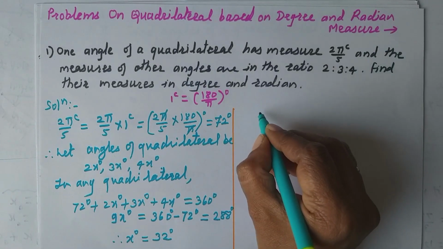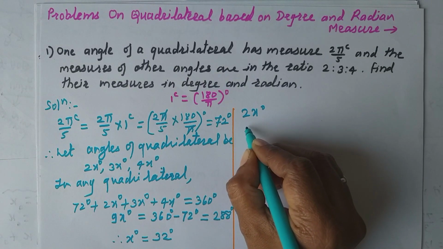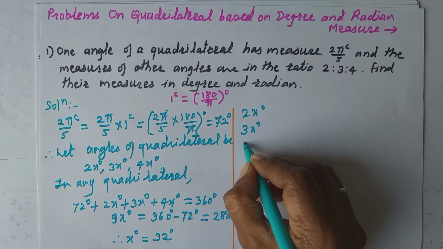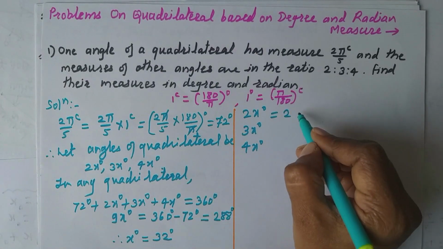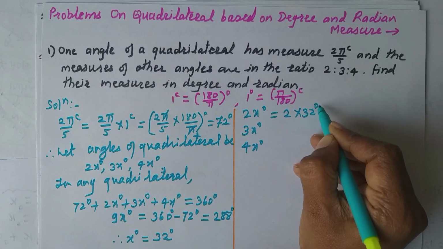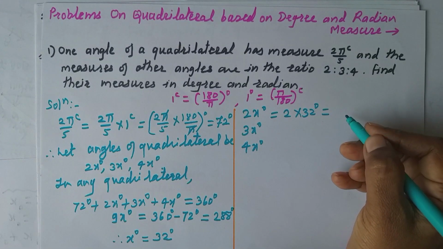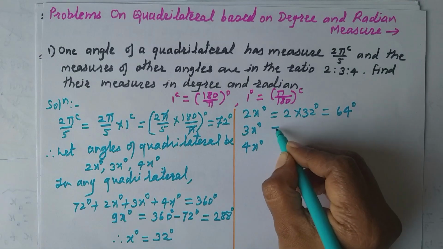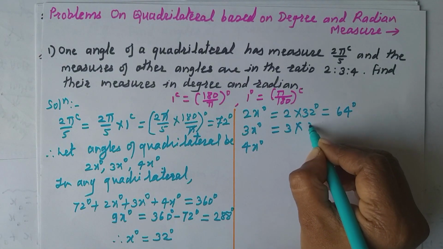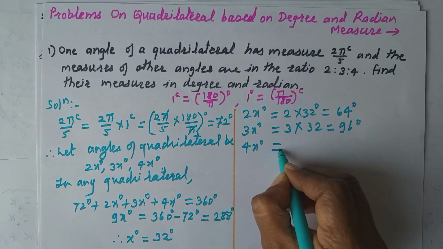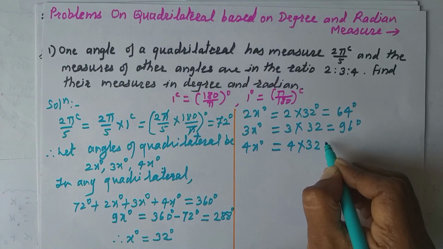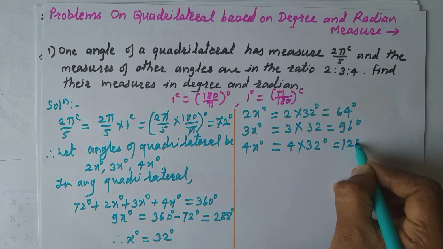Then we find out the angles. These are 2x, 3x and 4x. If I keep the value of x as 32 degree, then this is nothing but 64 degree. 3 into 32 means this is 96 degree, and 4 into 32, this is 128 degree.